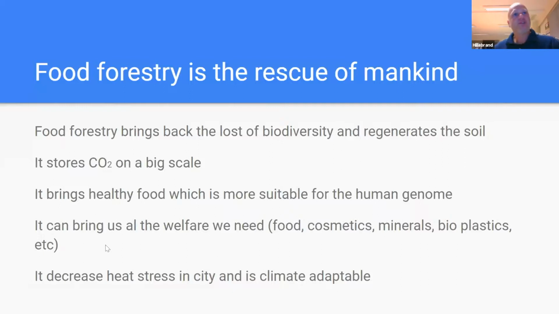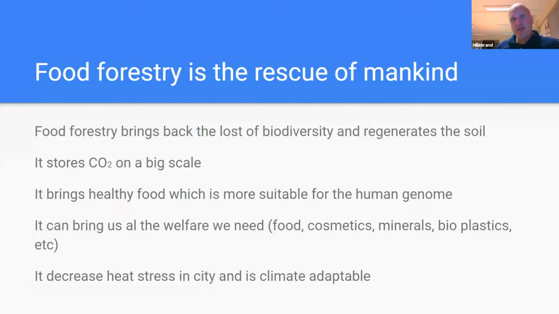And the bold statement about food forestry is the rescue of mankind, because biodiversity is really bad, especially in the Netherlands. With our nature policy, we can get back to the levels which we had around the Second World War.